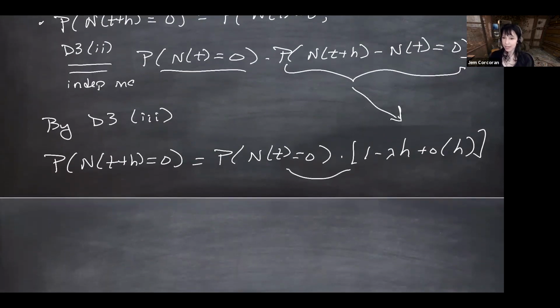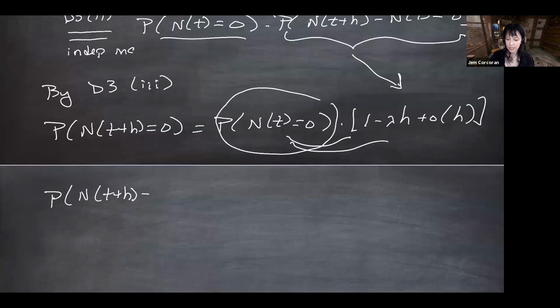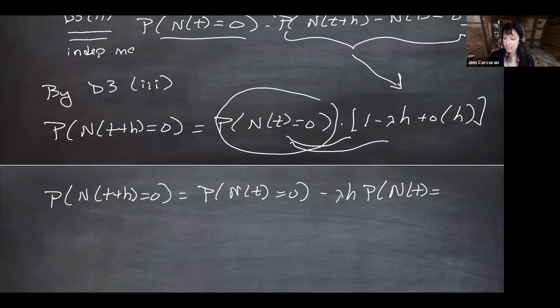I'm going to multiply this out. So I have the probability that N of t plus h is 0 equals the probability that N of t equals 0, minus lambda h times the probability N of t is 0, plus a little o of h function times the probability N of t is 0.